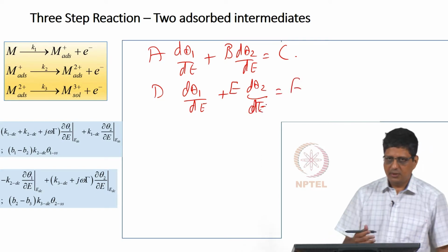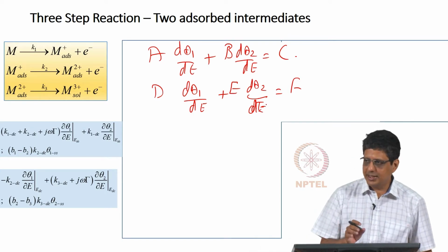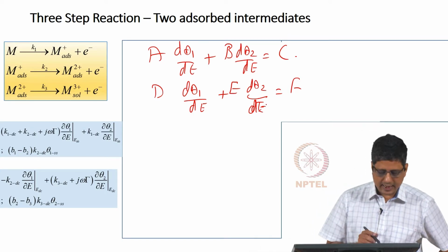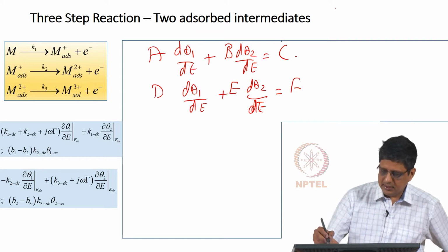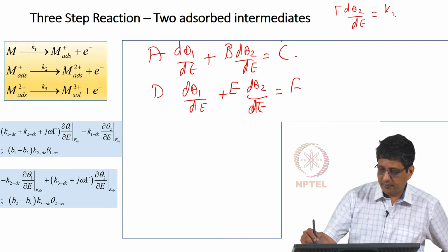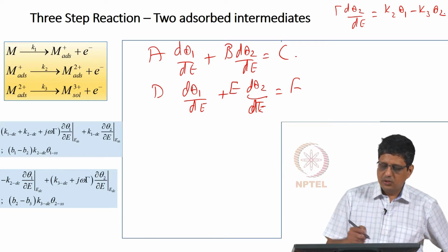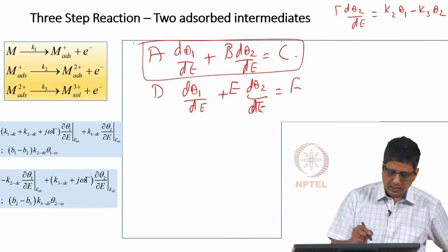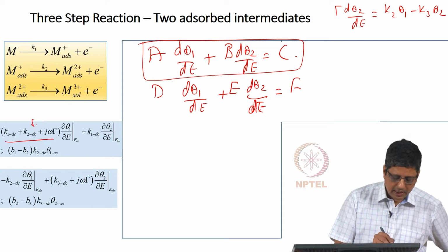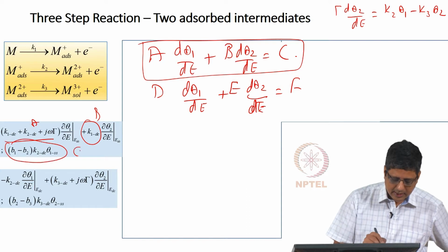Which you can solve, it is again two unknowns, two equations, linear equations, you can solve and get the answer. Second equation is, so we have written this part, and A is this term here, B is this term here, C is this term here.